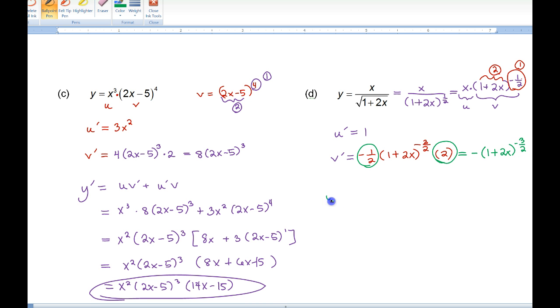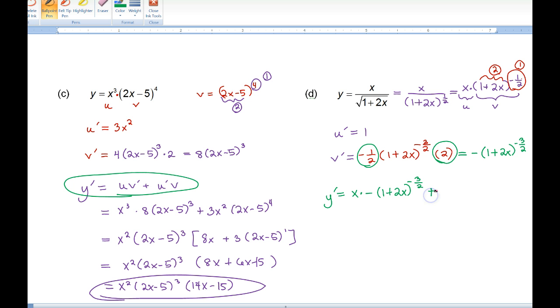So now when I do the derivative, so when I do y prime, I'm going to use my product rule. So remember, right here, we had uv prime plus u prime v. So u, remember we established u was going to be x, times v prime. Now v prime, from what we just did with the chain rule, that's going to be a negative 1 plus 2x to the negative 3/2 power.